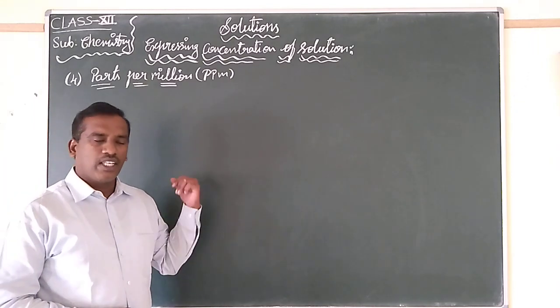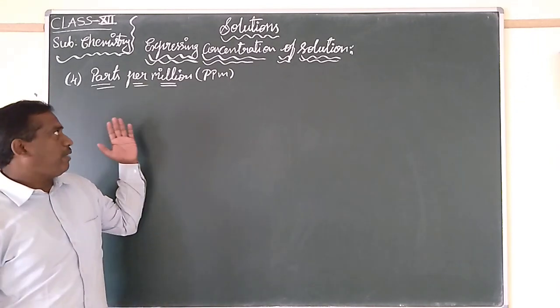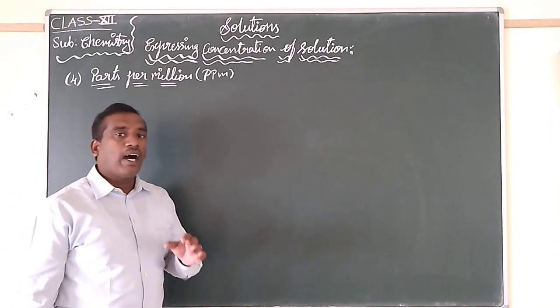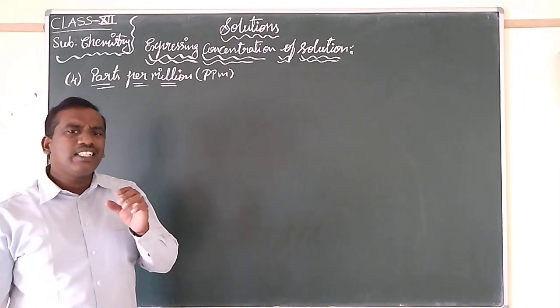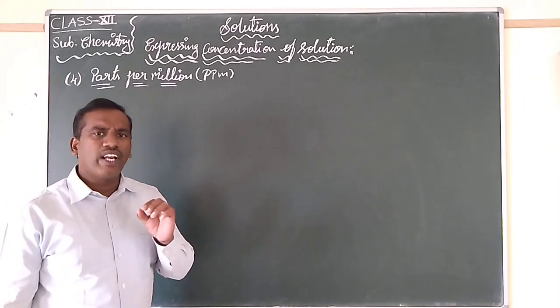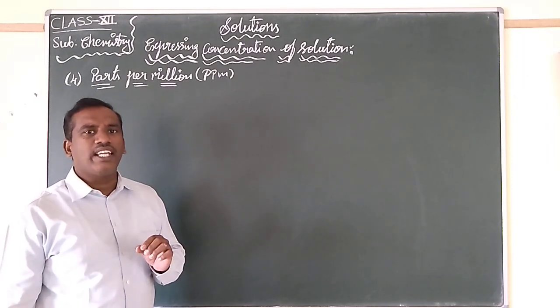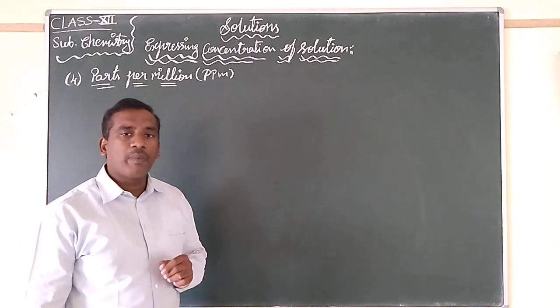Among them, the fourth type is parts per million. This is applied whenever the solute is present in trace quantities. When do we apply this one?